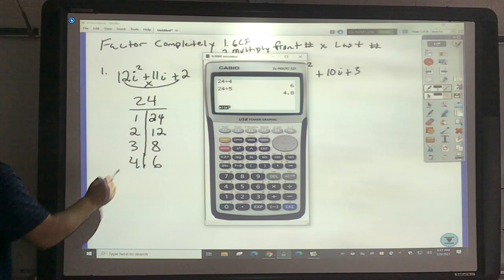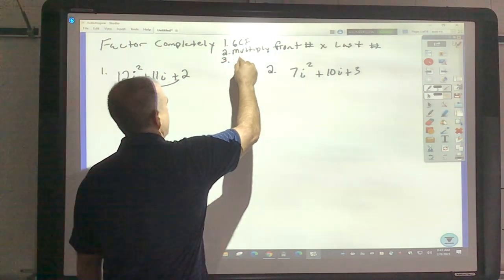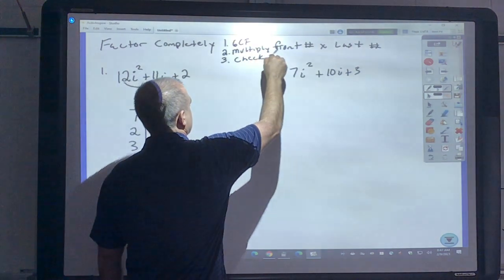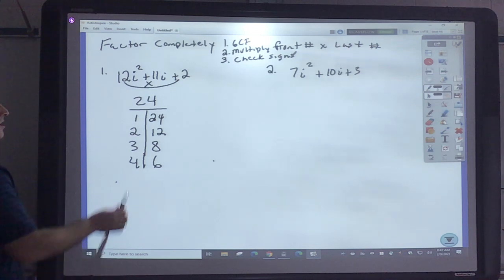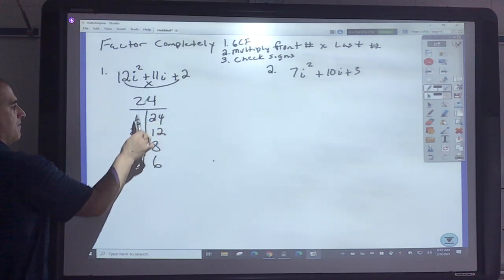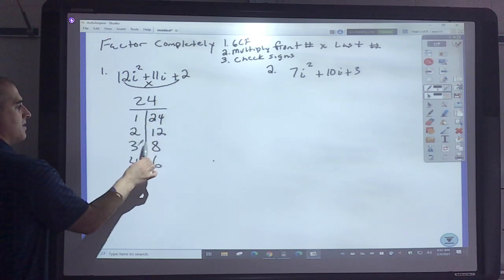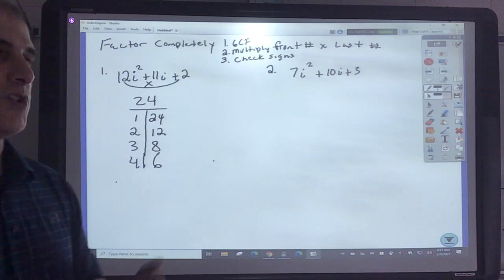Now, check your signs. These two numbers multiply, if you notice: 1 times 24 is 24, 2 times 12 is 24, 3 times 8 is 24, 4 times 6 is 24. So that's the first thing you have to check.